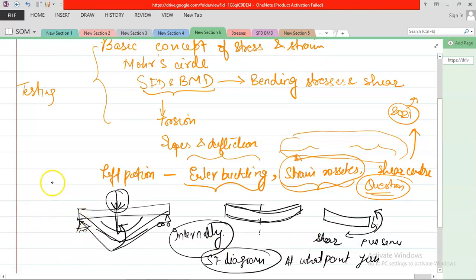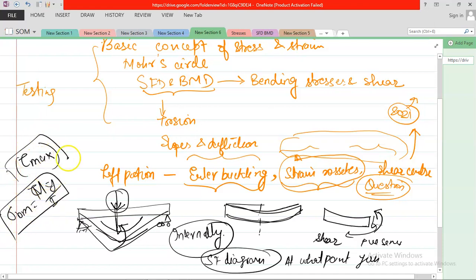Because from the maximum shear force you can obtain the maximum shear stress, and from the maximum bending moment you can obtain the maximum bending stress. These are the two important things you need to know. That's why shear force and bending moment diagrams are useful.